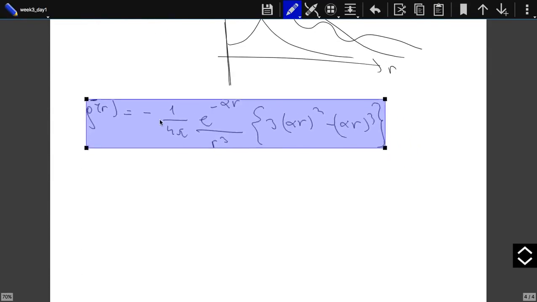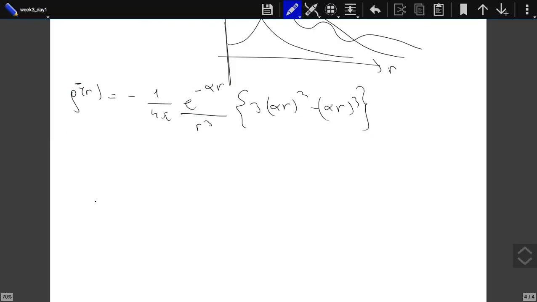So what does this function look like? First of all, there is a minus sign over here, so it looks as if it is a negative charge, assuming that this is always positive. Is that always positive?